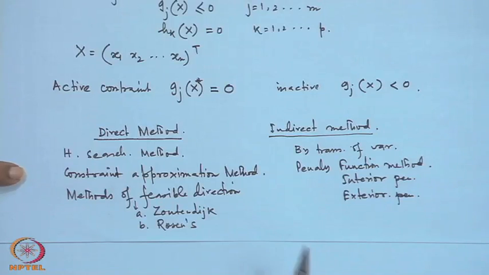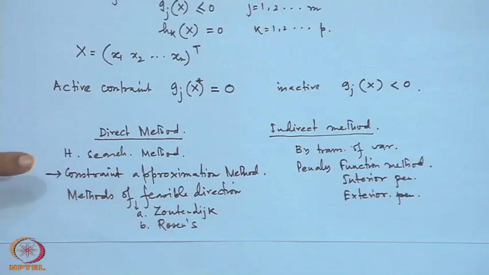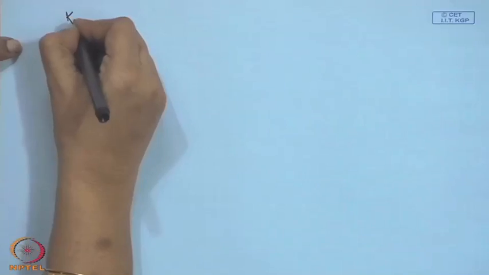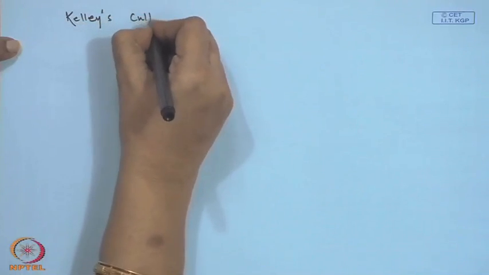Let me start with the direct method today, and let me start with the constraint approximation method. By another name we can call it Kelley's cutting plane method.